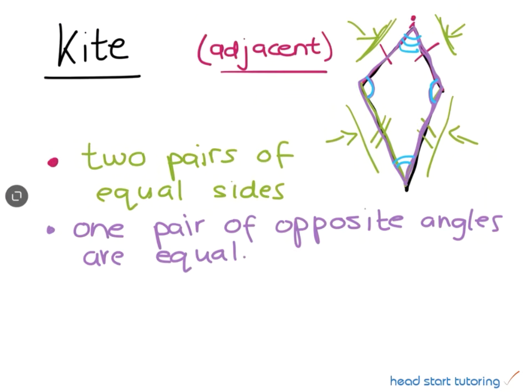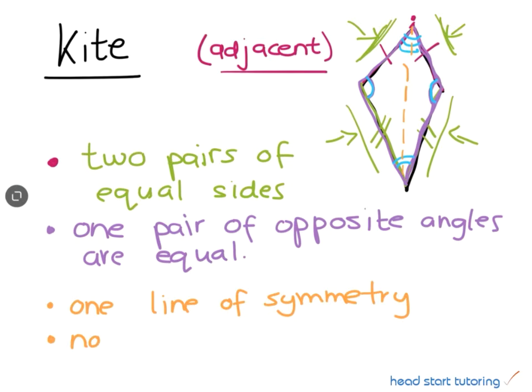Right, let's have a look at lines of symmetry. We have only got one line of symmetry for our kite, which is right down the middle. So we have got one line of symmetry. Right, we do not have any parallel lines, so we can state that.